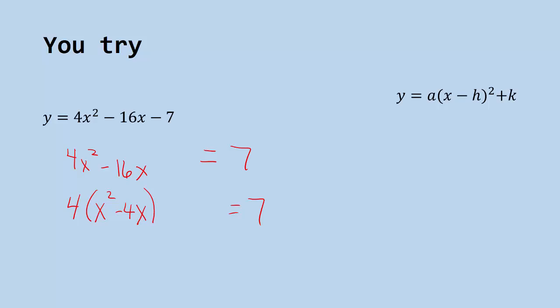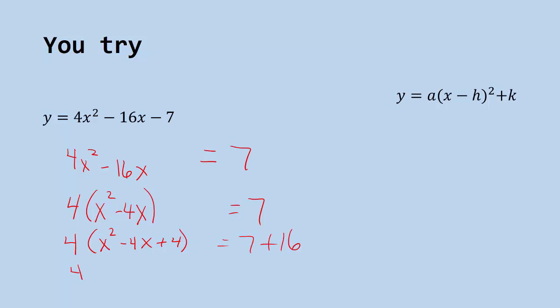Still going to do the perfect trinomial. So, as before, divide by 2 and square, we're still going to get minus 4x plus 4. Now I've added 16 on this side really, because again, 4 times 4. So I could look at it as adding 16 to 7.